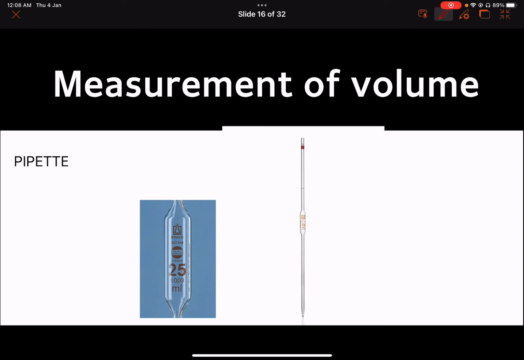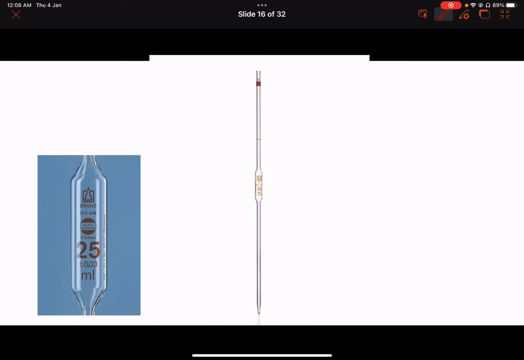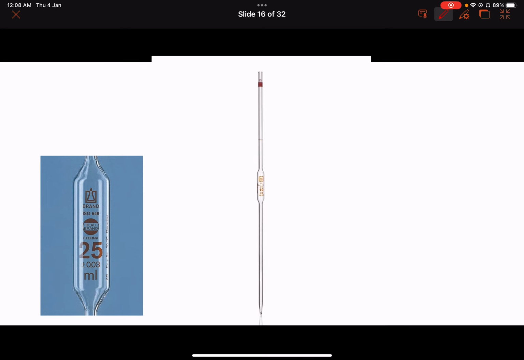The first one is actually the pipette. So this apparatus, let me just blow it up, is called a pipette. You will get a chance to try it, to handle it in the laboratory. When you get the pipette, always look at the center of the pipette, which I call the bulb. On this bulb, you'll be able to see a big number.